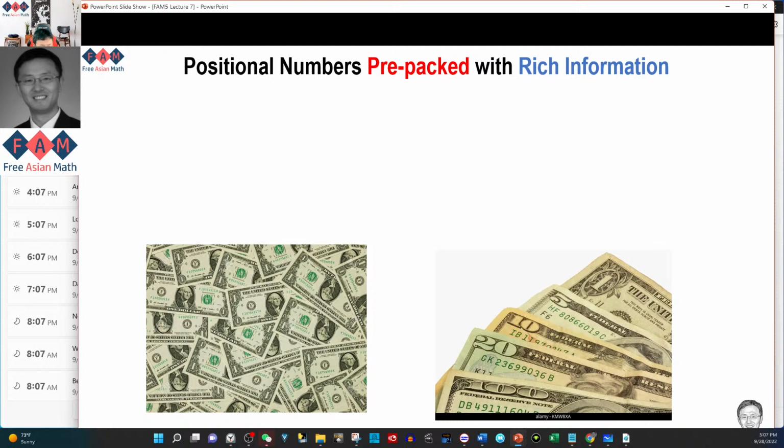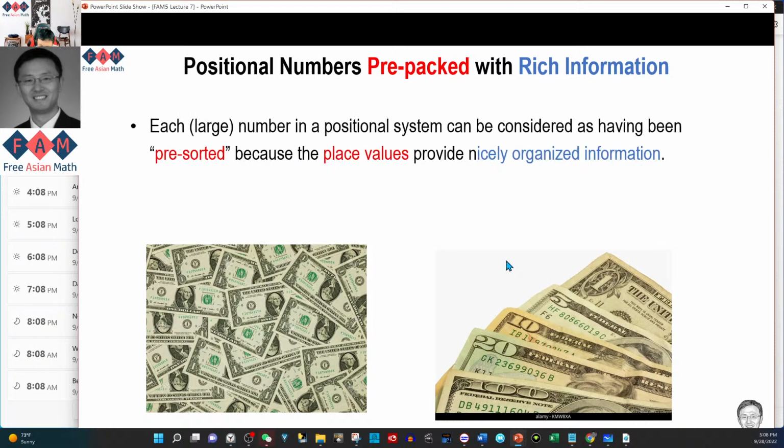Firstly, they only use a limited number of symbols. That's good. We don't want to have too many symbols, like the Babylonian base 60 numeral system. But all the positional numbers are pre-packed with rich information. What do you mean by that? Well, you can think about when you are given a number, let's just say 34.